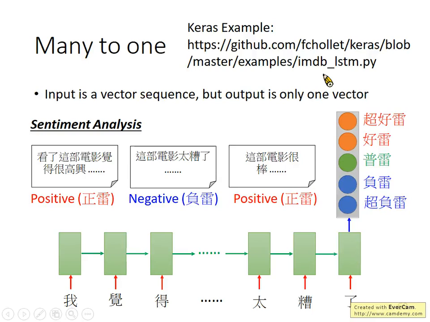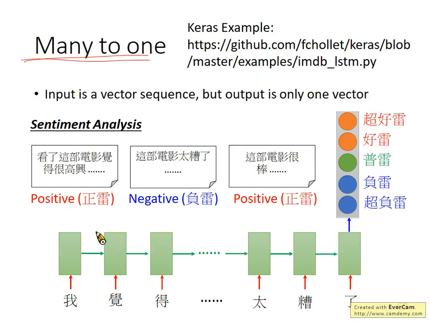For example, RNN can do problems related to many-to-one, for example sentiment analysis. We may want to analyze the review comment of a movie, and then output a value that indicates how likely or how funny, how interesting the movie is.